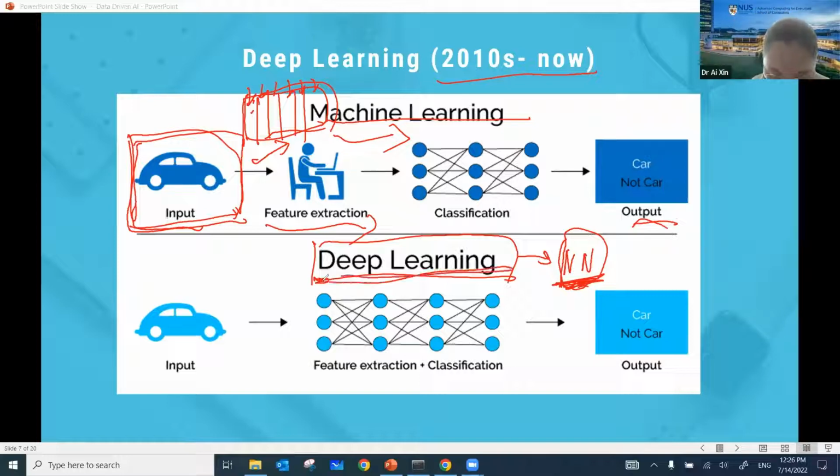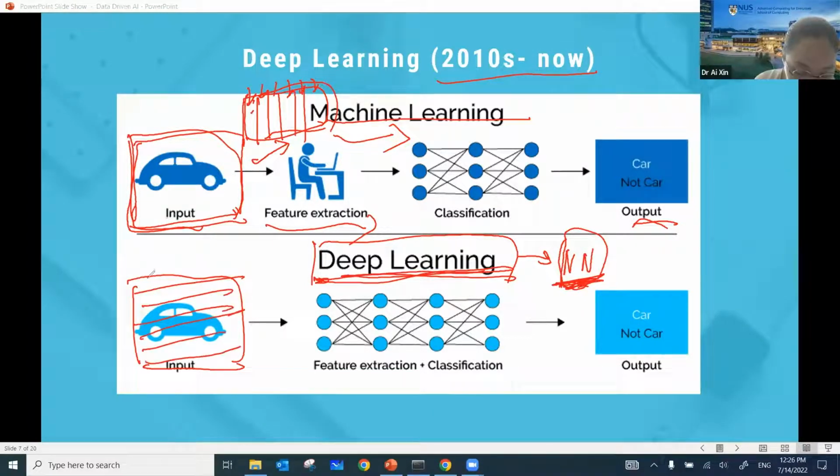So that's a traditional machine learning algorithm. But what deep learning does is directly feed the image into the model, and let the neural network extract features and do the classification altogether. And you may ask how to feed the image into the model.